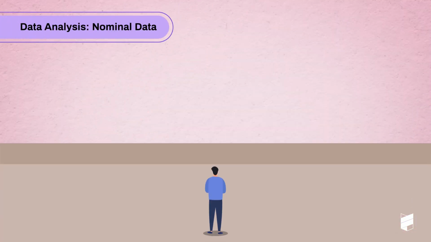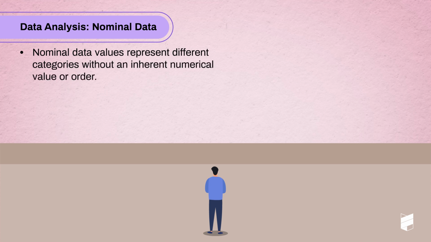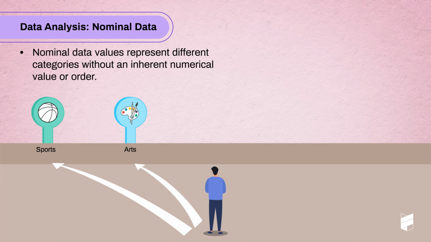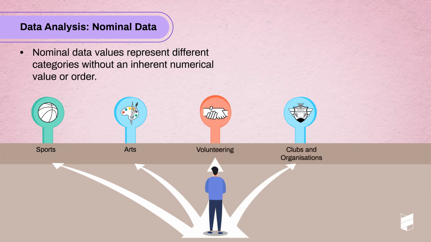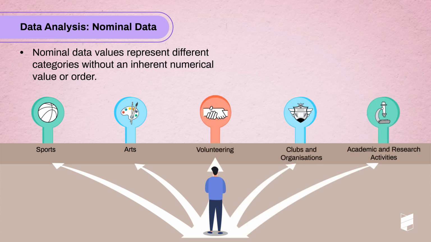In nominal data, the values represent different categories or groups, but there is no inherent numerical value or order associated with them. In the given survey findings, the different types of extracurricular activities are listed as categories: sports, arts and creativity, volunteering, clubs and organizations, and academic or research-related activities.